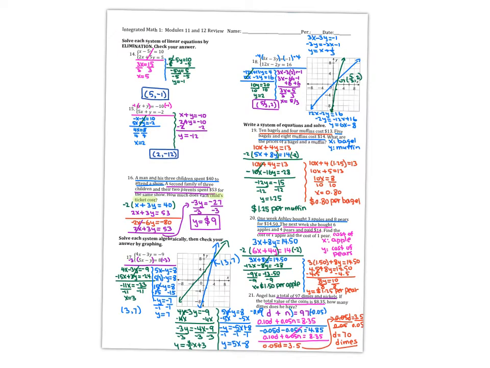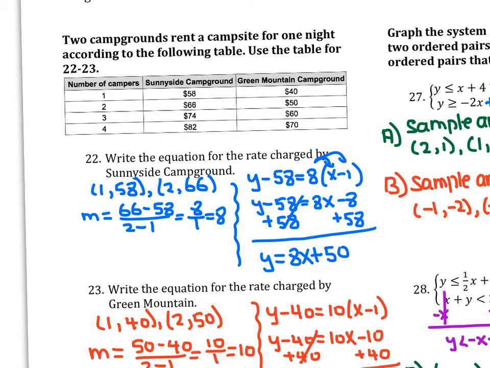That concludes page 2. Okay, on problem number 22, this is a different method of doing this type of problem. Just remember that when we did it in class, I showed you another method where you go backwards and find the y-intercept for each one, and then you can quickly give me the equation. In this problem here, you have 2 points, which is 1 comma 58 and another point 2 comma 66.